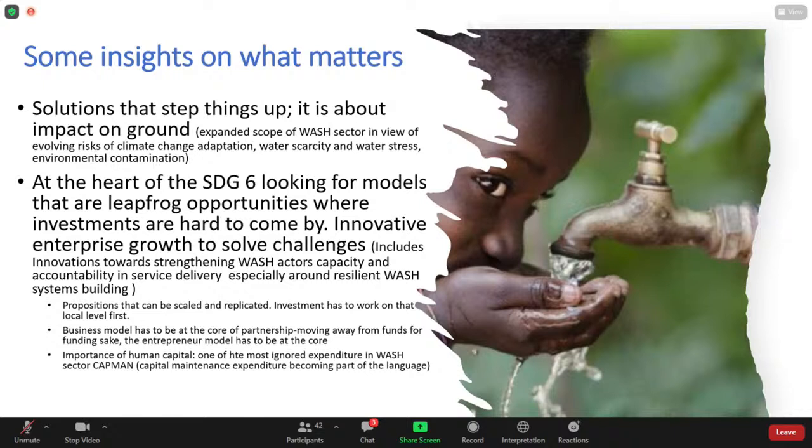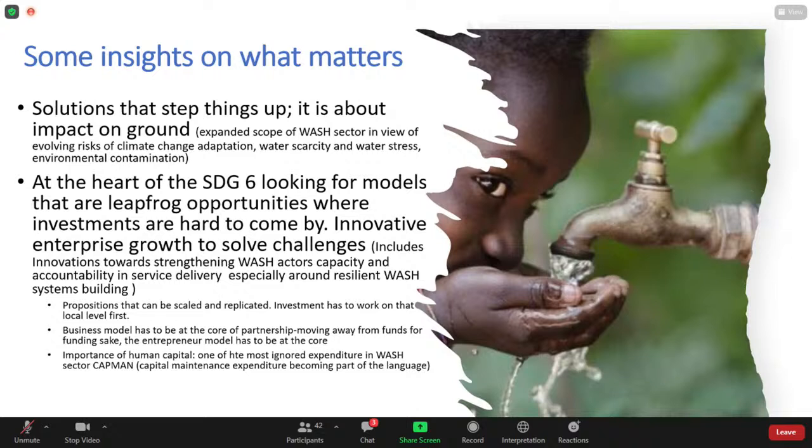So then, in this regard, we are talking about investments that have to work on the local level first, and then looking at how best to scale this and replicate this kind of propositions in similar contexts. Then, in a way, we are saying that we should be promoting more business models, which should be at the core of emerging partnerships. Whether we are talking about public-private sector partnerships, we should be looking at this kind of business models and putting the entrepreneurs at the center of these models.